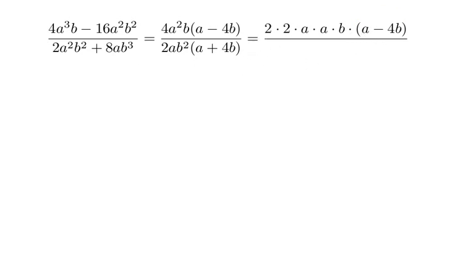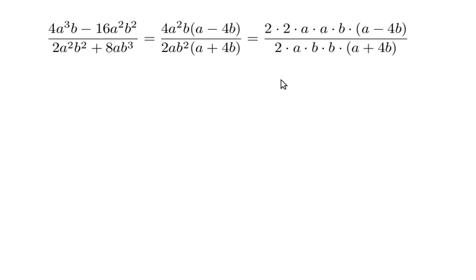So let's go ahead and do the denominator now. Separate everything out as long and drawn out as we possibly can. So we'll have 2 and a and 2 b's, and also the a plus 4b. Oh, I forgot to put a dot between those two.